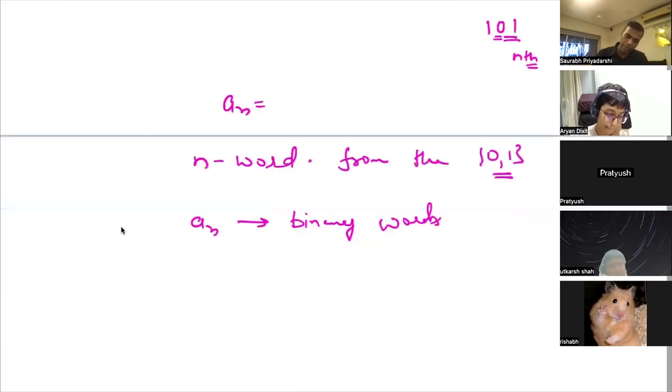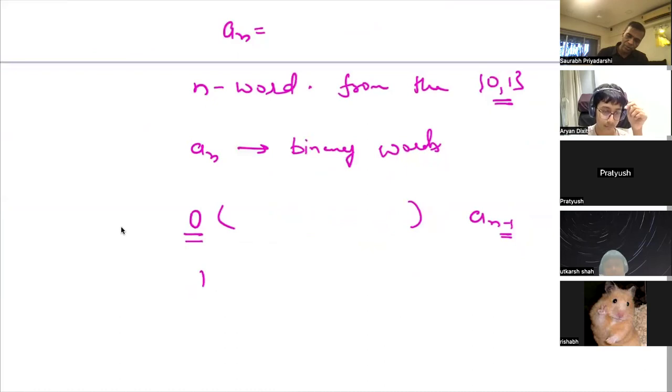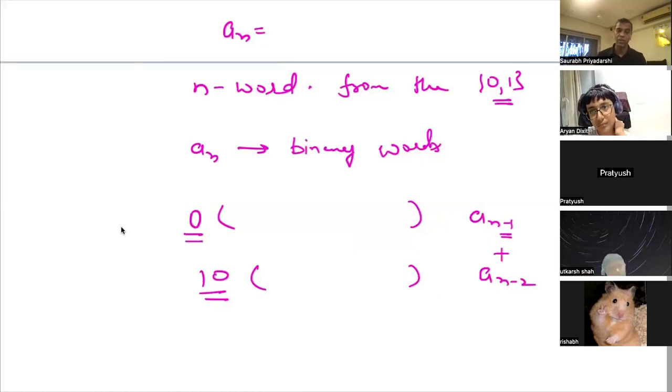Maybe the word starts with 0 or contains an-1 ways of this. And it can start with 1 0, containing an-2 of this. So I'm adding both of these, so I'm getting an. This is the generalization of each and every Fibonacci series.